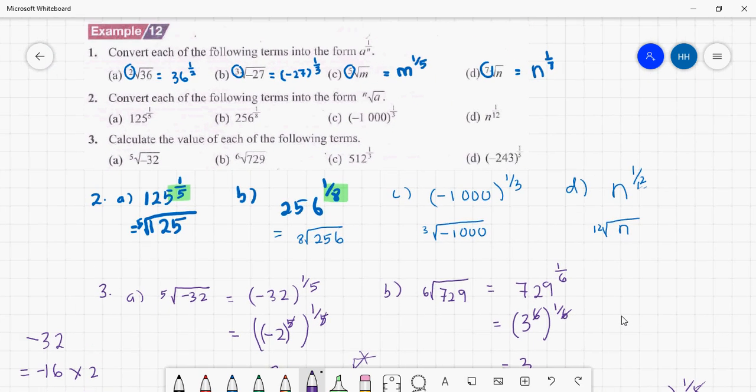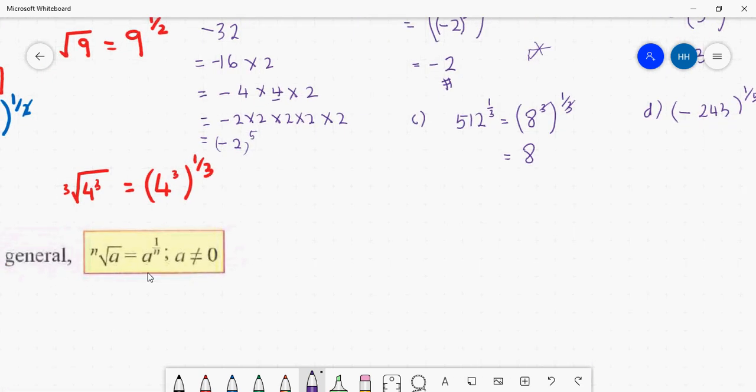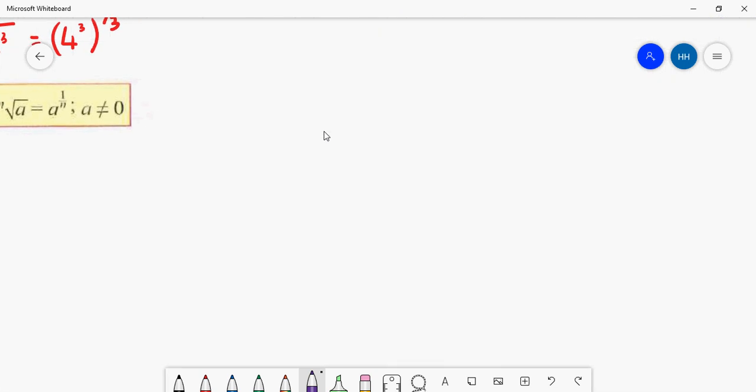These are examples from the textbook. According to the concept, n root a equals a to the power of 1 over n. So what you learn in this video is that any number to the power of 1 over n is equal to n root the number.